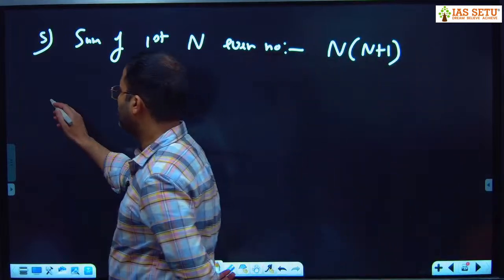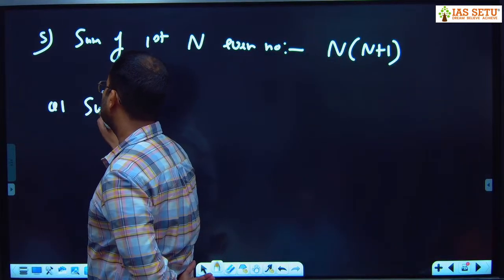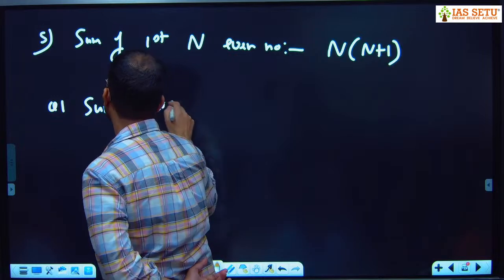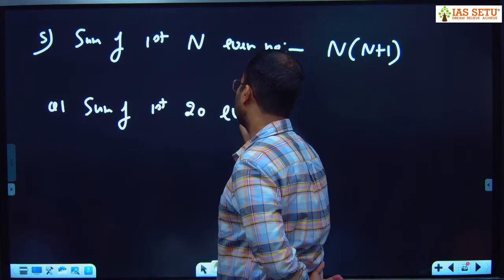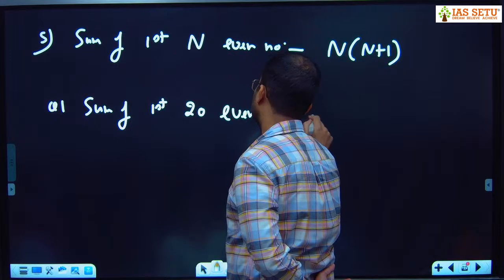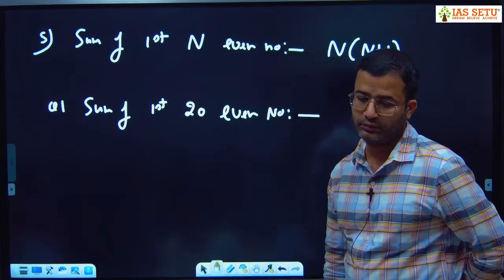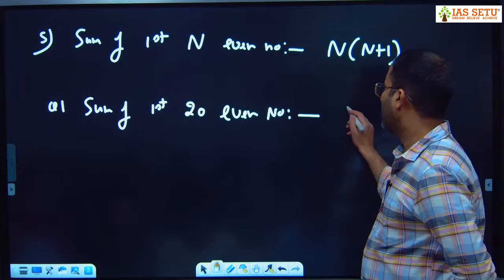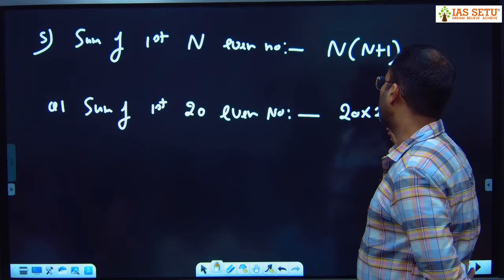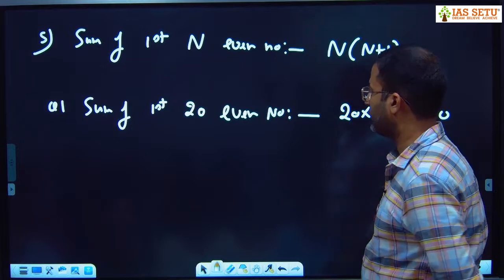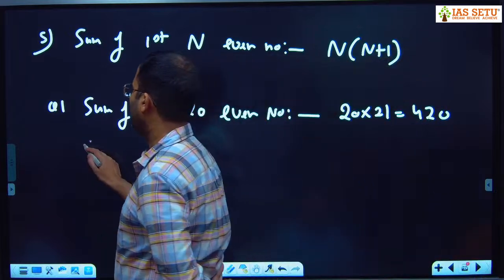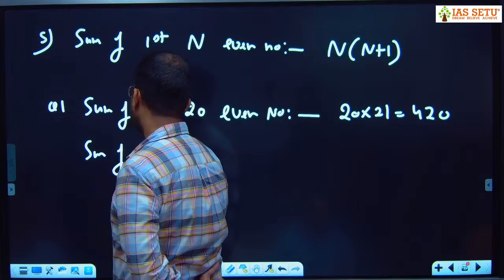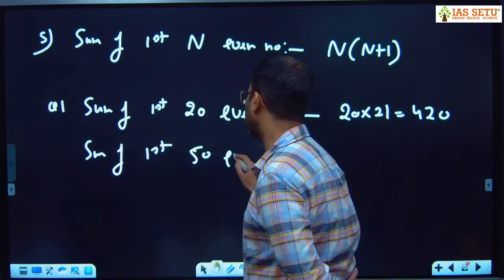Now you try question number 1. Sum of first 20 even number. This is 20 into 21, 420. Find sum of first 50 even number.